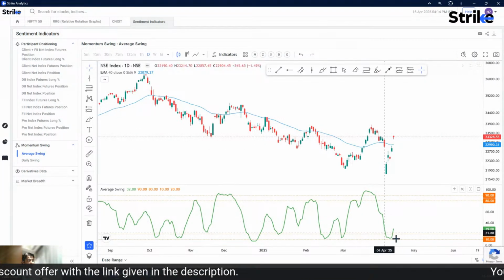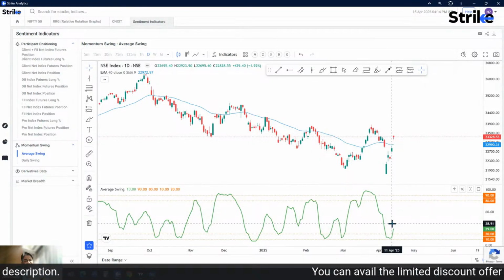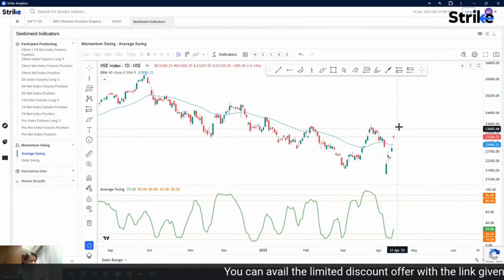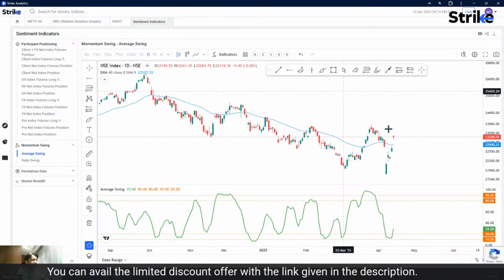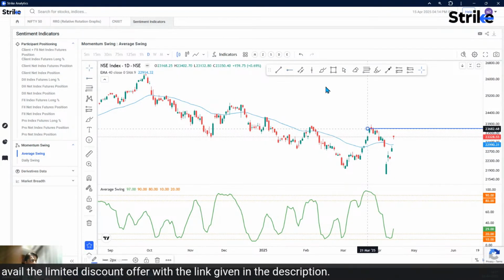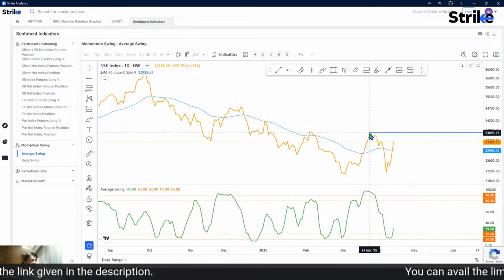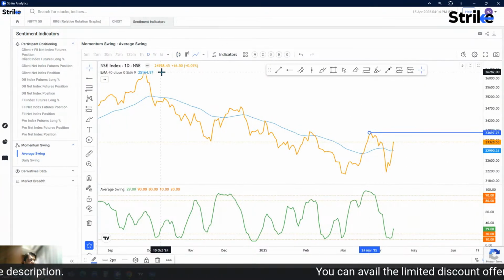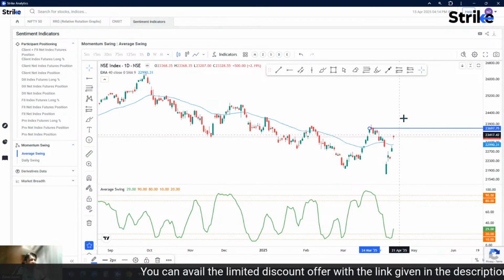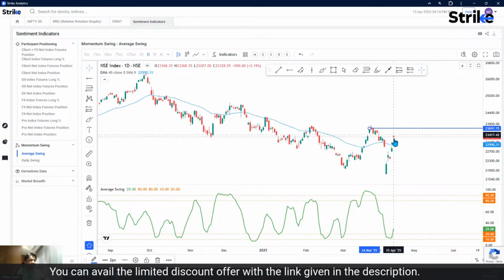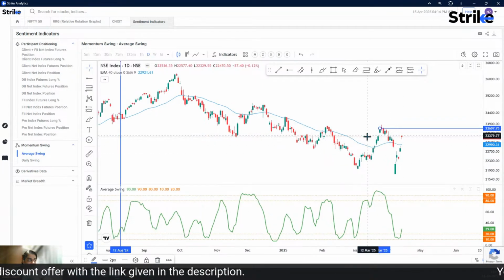But now, when it is up, average swing is in the oversold and it is bouncing back, which is giving some confirmation that maybe tomorrow or the day after, the market can try and test this particular level, I'm taking the line chart, 23,700. So Nifty can try and test 23,700 in the next few days. Very short term.